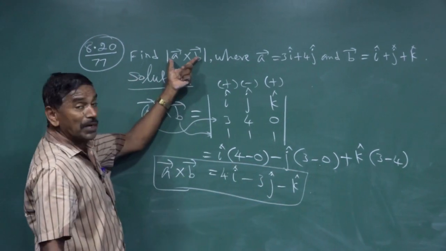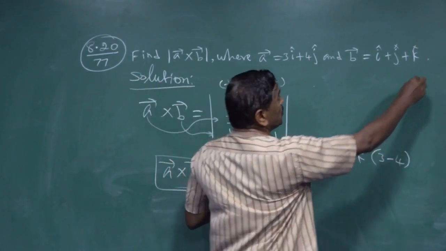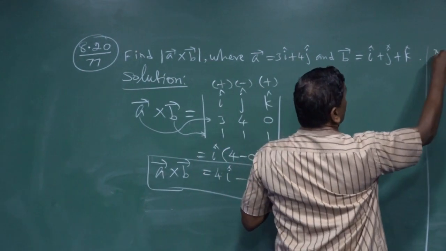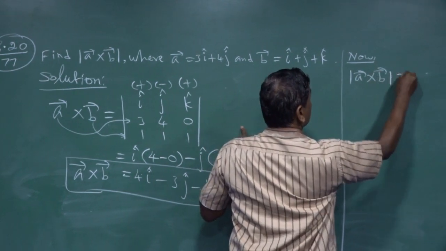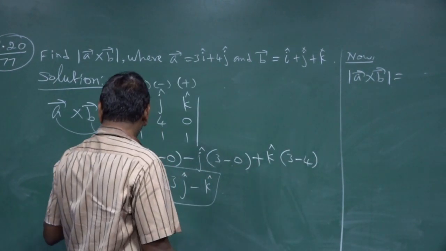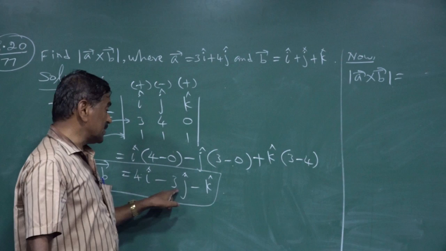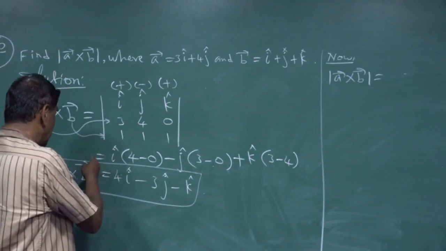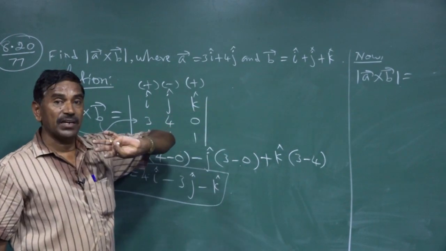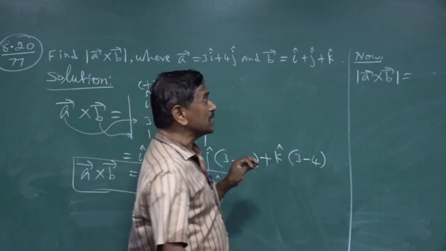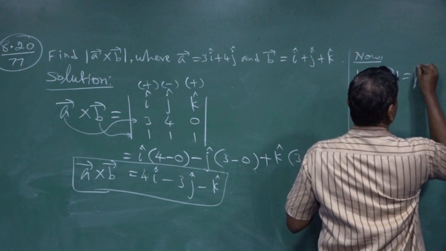But we are asked to find modulus A cross B. Now listen, modulus A vector cross B vector, where A vector cross B vector is equal to 4 i cap minus 3 j cap minus k cap. But I need the magnitude, the modulus. Can you tell me what is the modulus of a vector? Very good, square root of the sum of the squares of i, j, k coefficients.